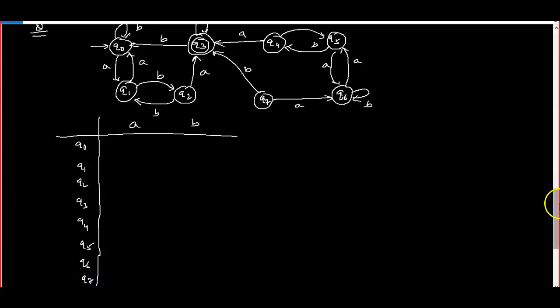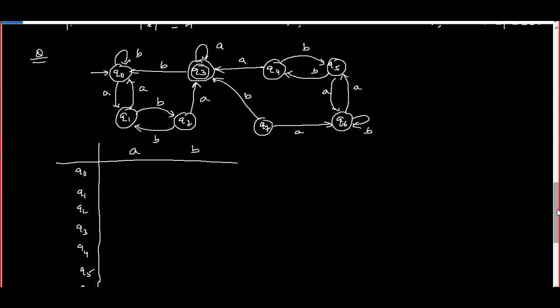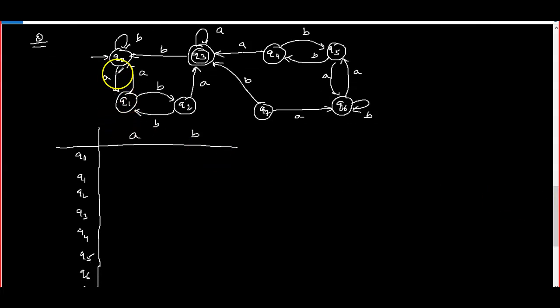Tell me the first value. Q naught on A, where is it going? Q1. Q naught on A goes to Q1, and on B, Q naught itself. Q1 goes to Q naught, Q2. Q2 goes to Q3, Q1. Next, Q3 goes to Q naught, Q4.